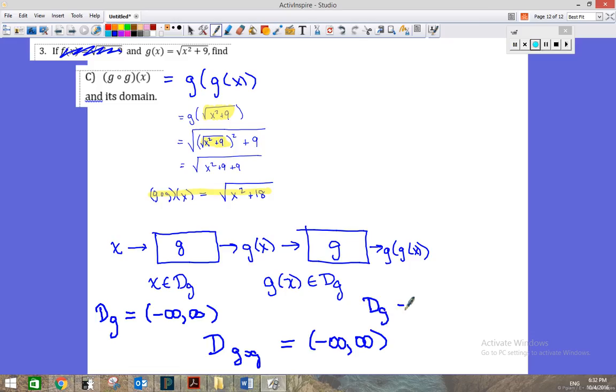Domain of g, we already said, was all real numbers. So it's not picky at all. Any number that g produces, it'll take as input. So our expression was the square root of x squared plus 18. The domain of this function composition is all real numbers. That's problem number 3. Hope that helps.